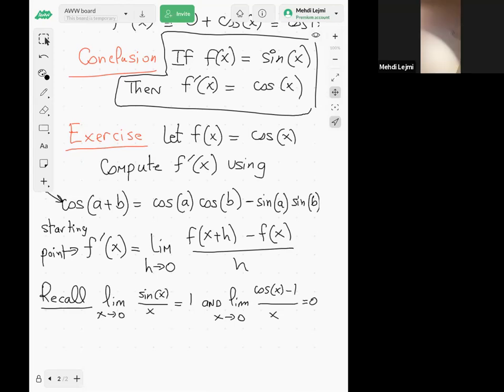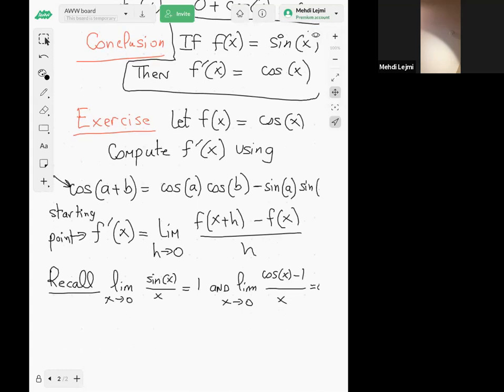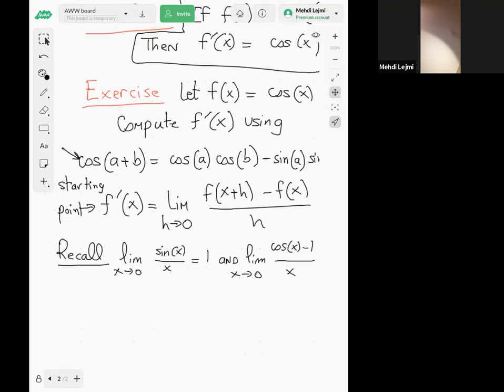So if you are done with this exercise, guys, let's say this is exercise number 1, then exercise 2: you can try to compute, let's say f of x is tangent of x.